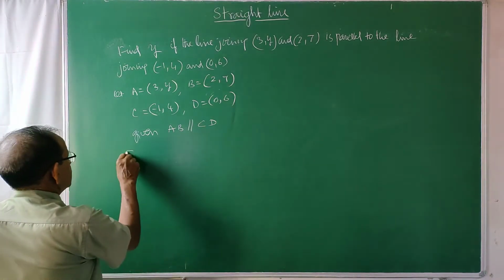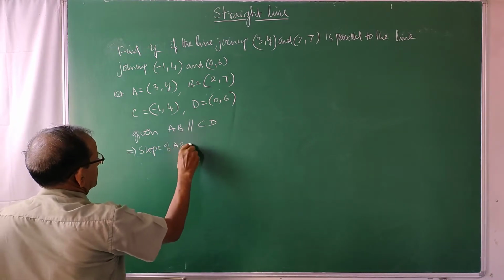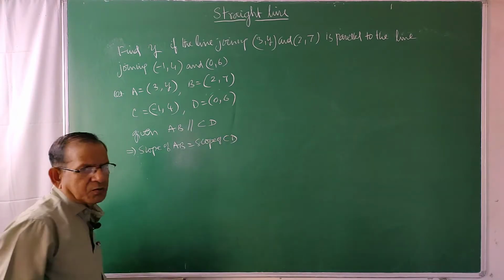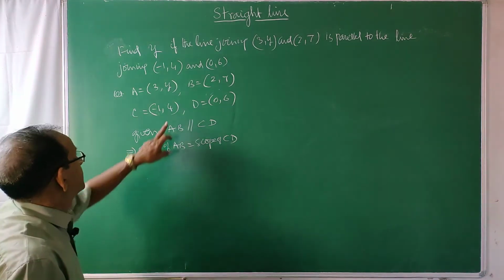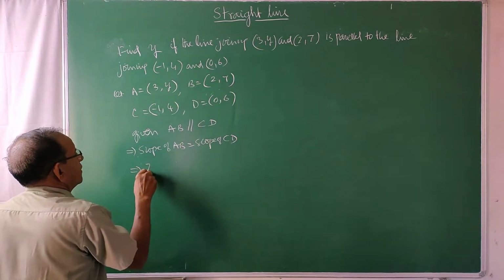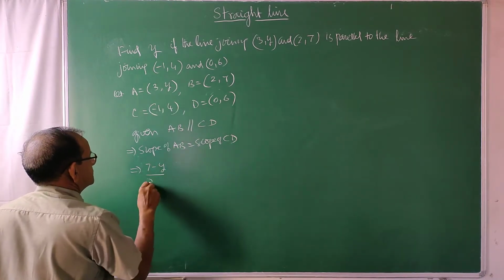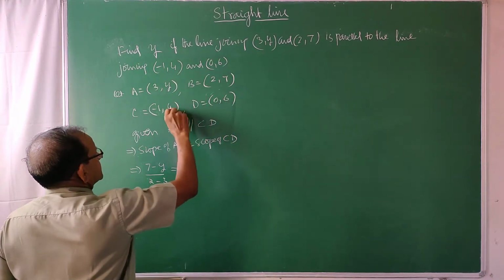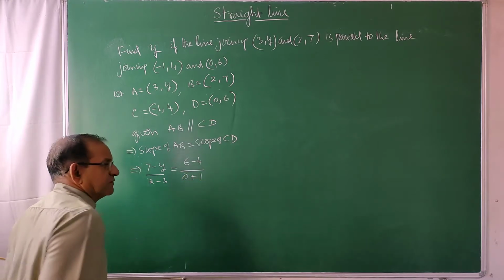That means slope of AB is equal to slope of CD. Slope of the line joining 2 points is (y2 minus y1) by (x2 minus x1). So, what is the slope of AB? (7 minus y) by (2 minus 3) is equal to slope of CD, (6 minus 4) by (0 minus minus 1), that is 0 plus 1.